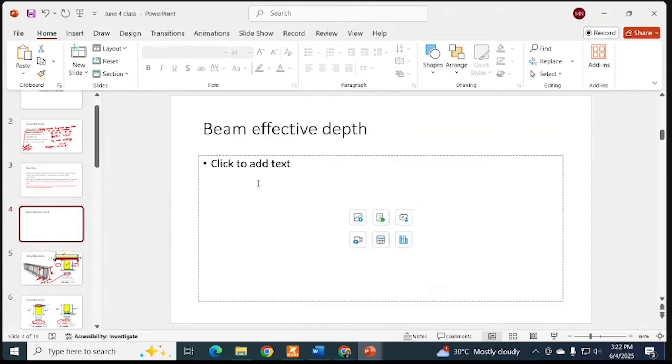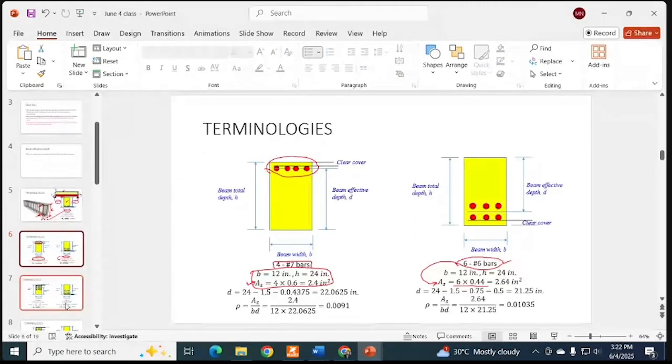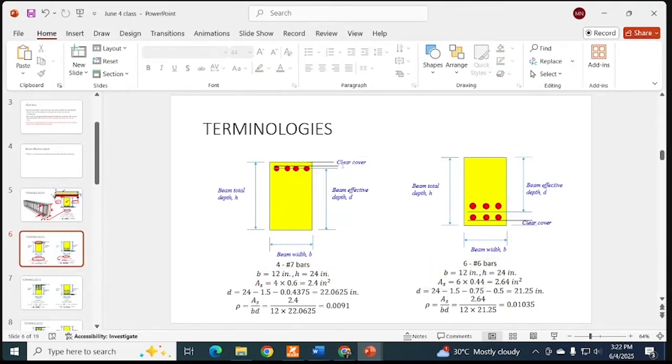So number one, there is a clear cover, to protect, so you have all the steel bars a bit inside, not exactly at the outer surface.